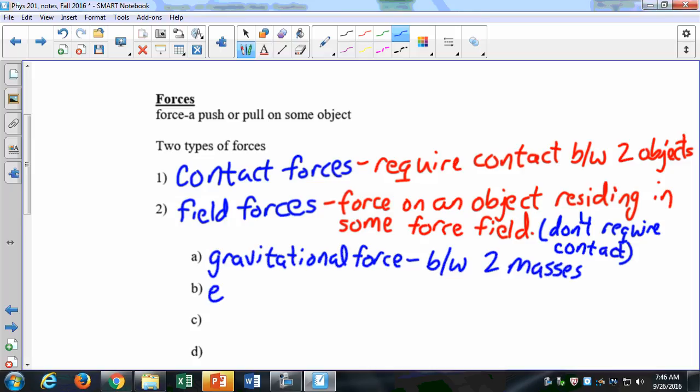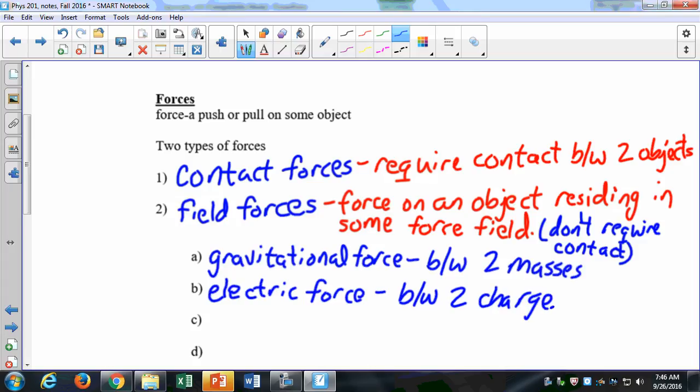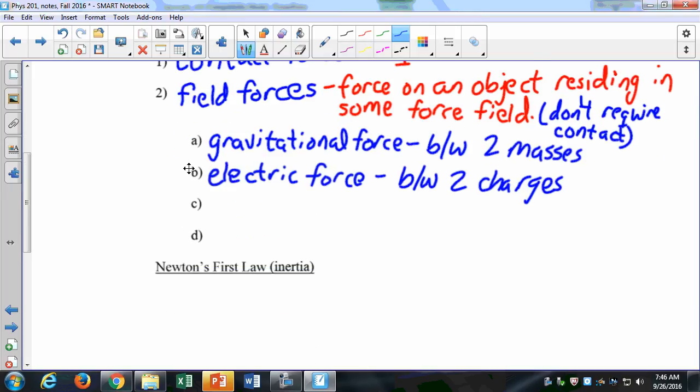And then also the electric force. This is between two charges, which we'll deal with next semester. Gravitational force we'll deal with in this chapter, and then more in detail later in the semester.